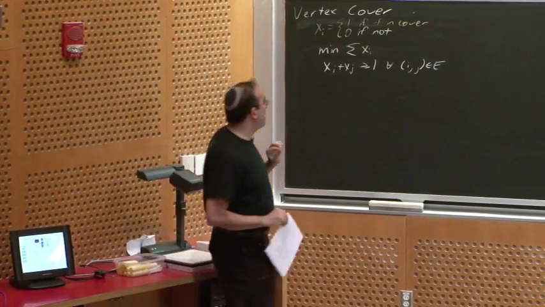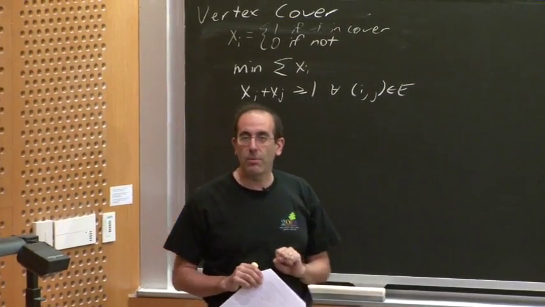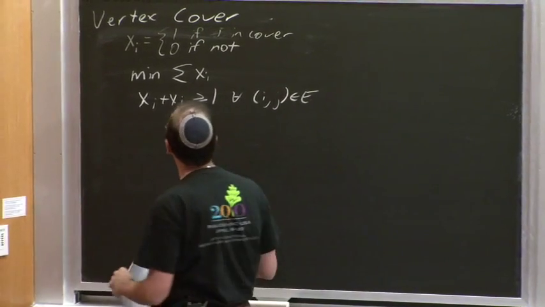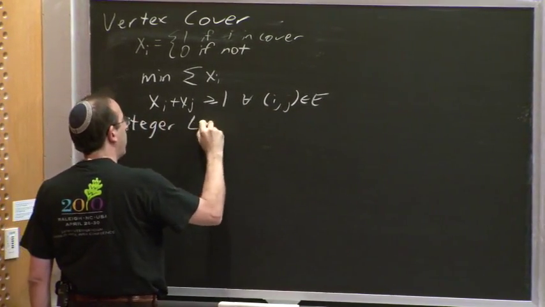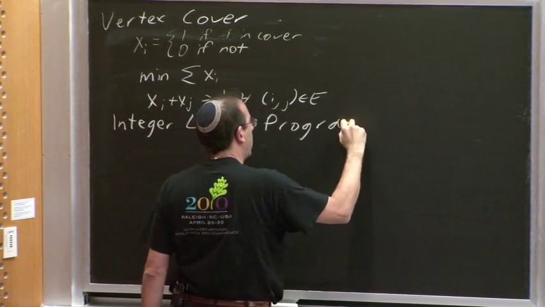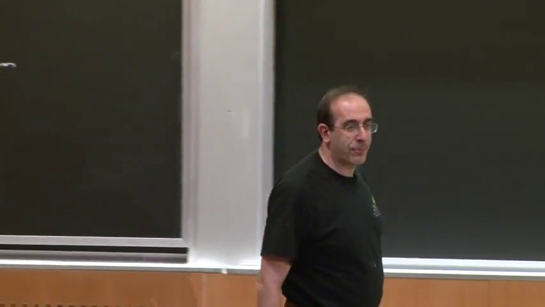So this minor detail that the xi's should be 0 or 1 is changing the complexity of the problem. What we have here is what's called an integer linear program, which, as you might imagine, is simply a linear program with integers.